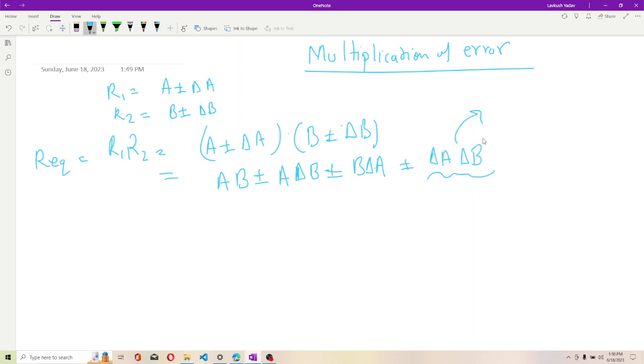Why? Because they are very negligible, like 0.001 into 0.001. So suppose this type of error, it would be very very negligible. So you can neglect these things.